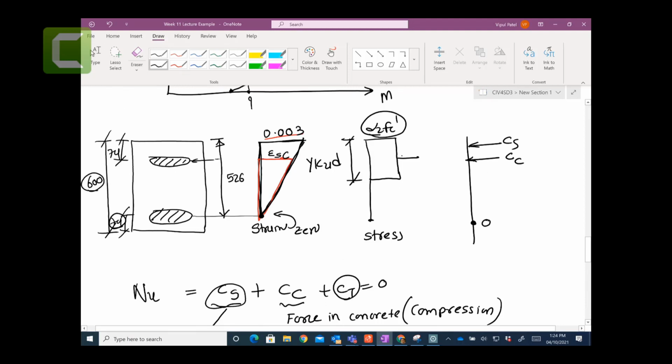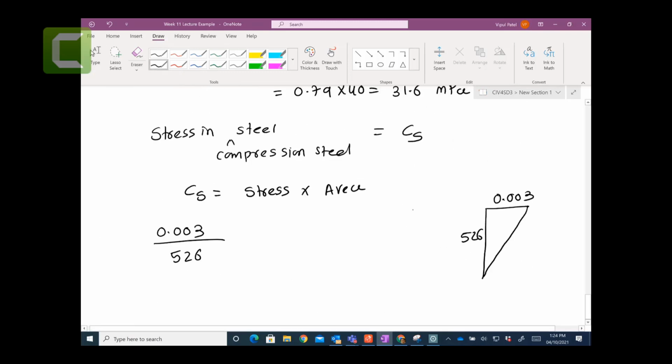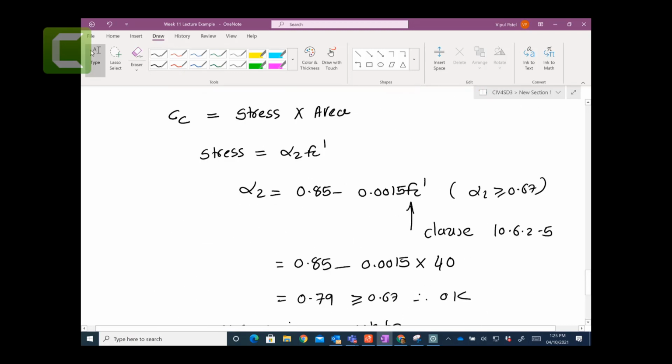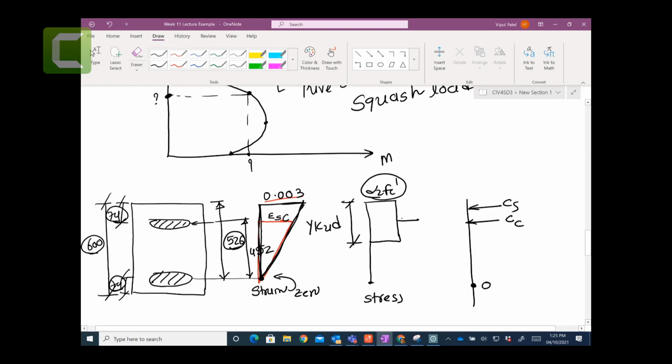I think this distance would be 526 take away 74, you get 452. So the second triangle has epsilon SC and 452. So epsilon SC over 452. Is it right? Yes.